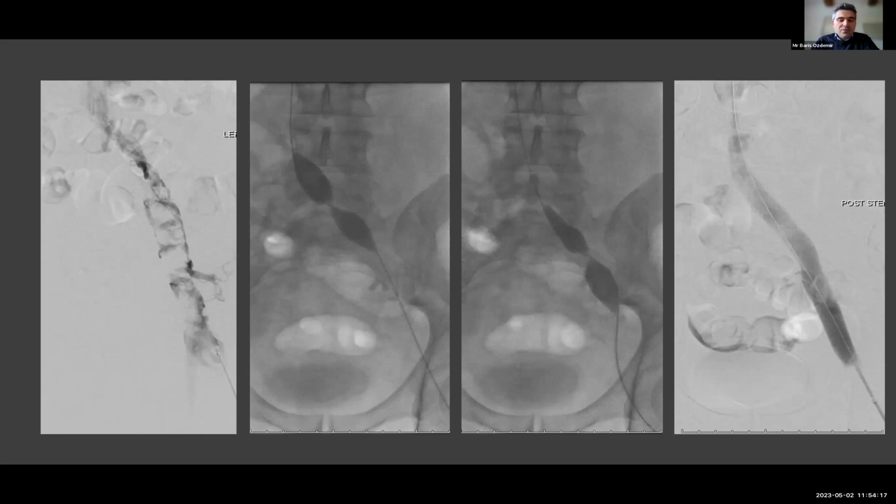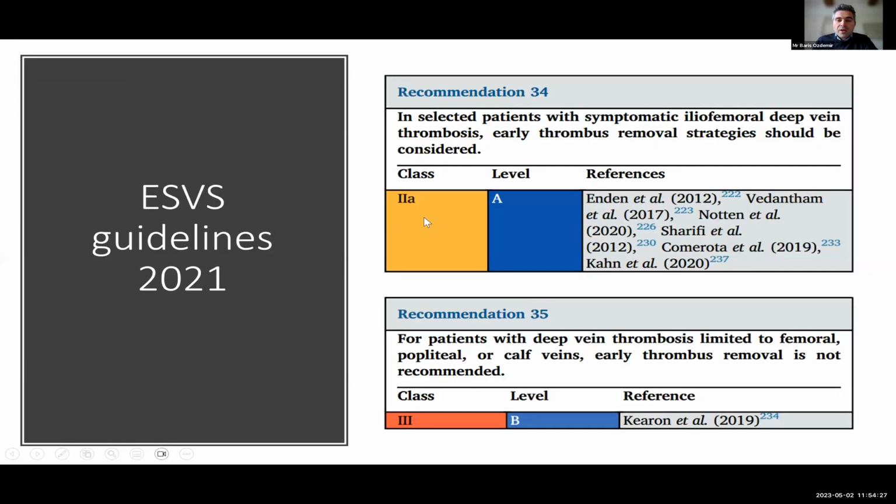So we do get an earlier return to work or other societal functions and a better quality of life early with these approaches. So there's now clear recommendations to at least consider the use of thrombus removal strategies in patients with iliofemoral thrombosis, but to not use it in thrombosis limited to the femoral popliteal or calf veins.